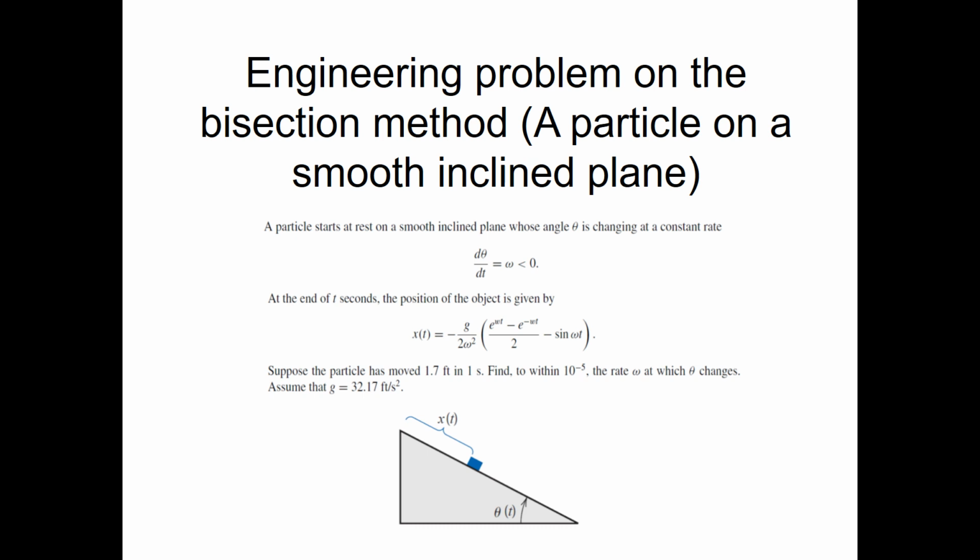within error 10^-5. So if we substitute in this equation t equal 1, we have x of 1 equals minus g over 2 w squared (e^w minus e^-w over 2, because t equal 1).